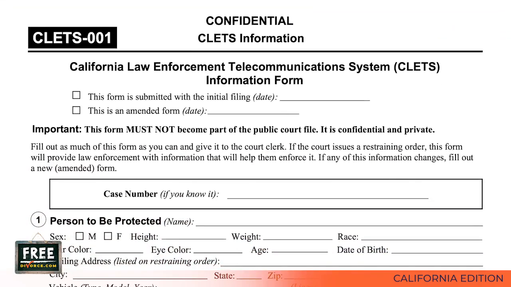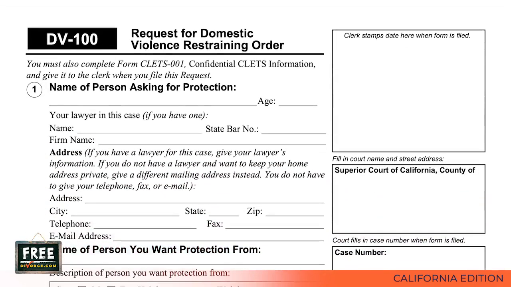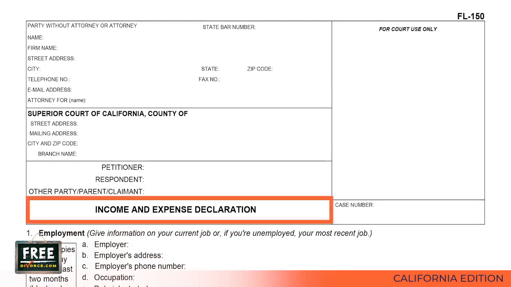Are there additional court forms I need to fill out besides the CLETS 001 that will be discussed in the next video? Whether or not you have to fill out additional forms depends on the types of restraining orders you are requesting. If, in your DV-100, you ask for any kind of financial relief, such as a request for child support, a request for spousal support, a request that the other party pay certain debts, or a request for attorney's fees, then you are also going to need to fill out and file an income and expense declaration, which is FL-150.